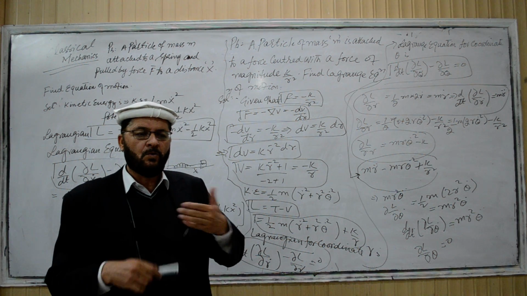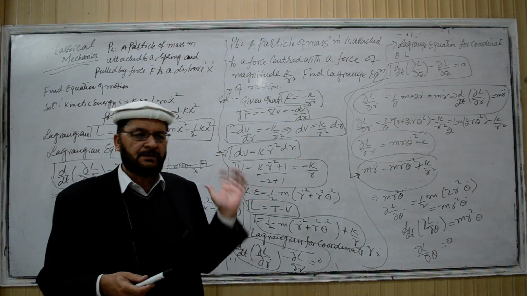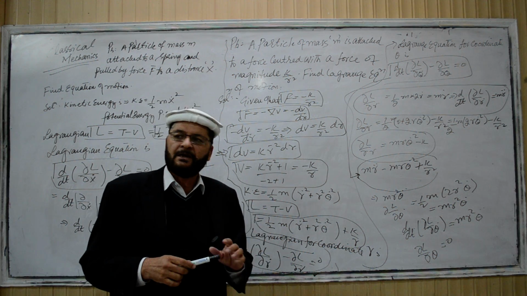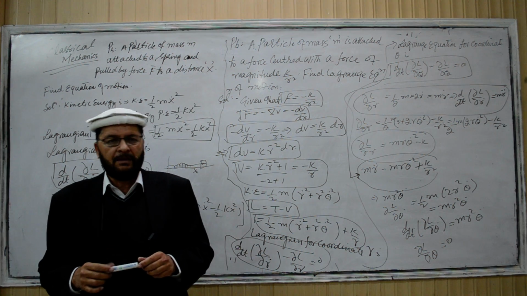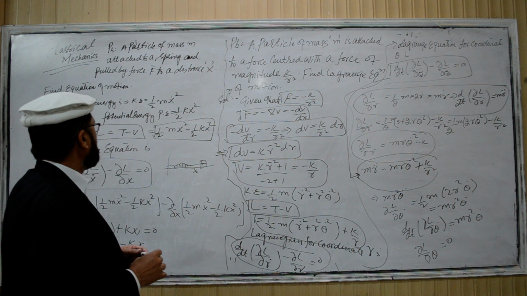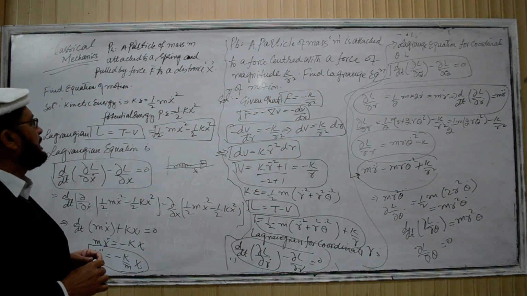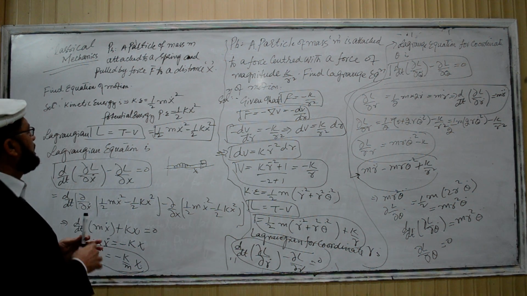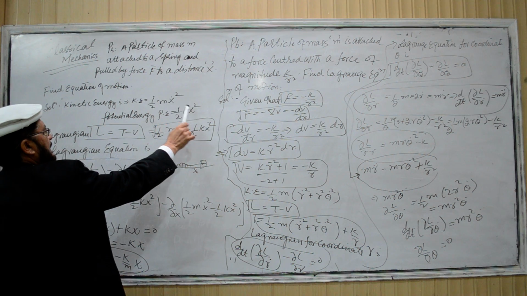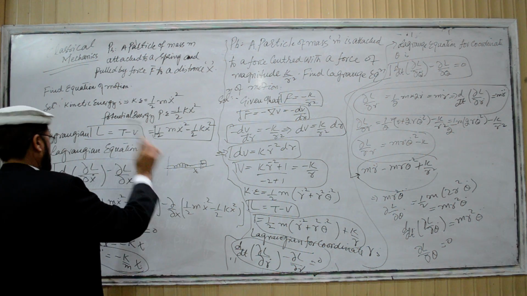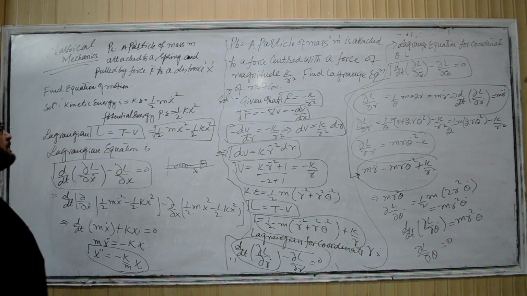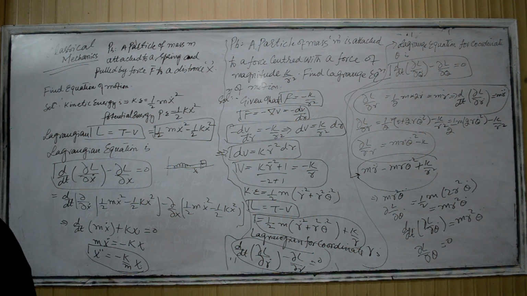So we have kinetic energy 1/2 m x dot square and potential energy 1/2 kx square. Here we have x dot and x, one Lagrangian equation rather than theta and so on.